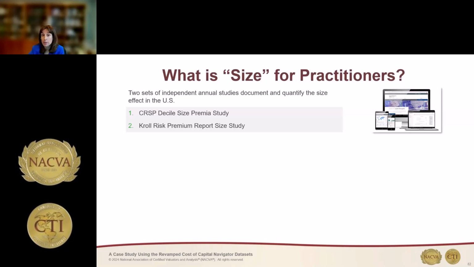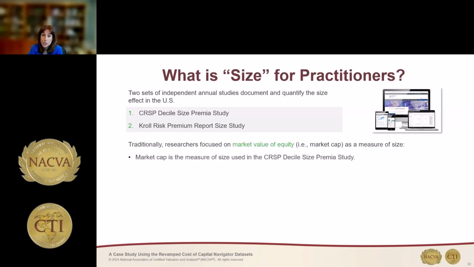Now our experience is that the CRSP decile size study, the Ibbotson former study, has a wider use, but that is based just on market value of equity as a measure of size. And sometimes there are difficulties in using just market value of equity, particularly for private companies. We'll show you a way of getting around that in our case study.